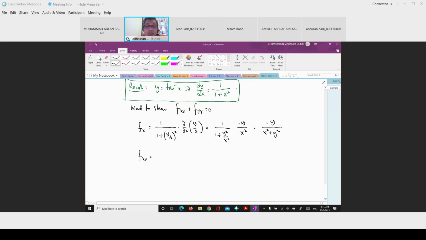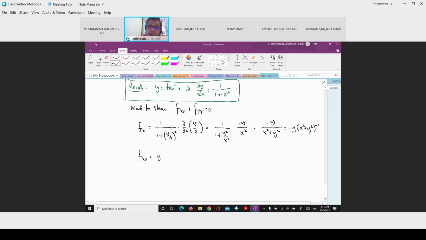We differentiate f partial x with respect to x. We can think of this like minus y times x squared plus y squared to the power of minus 1. So we differentiate f partial x with respect to x, taking y as a constant.